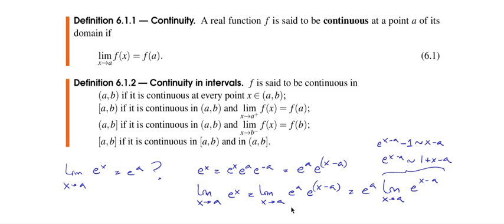So we can substitute here. We have e to the a times the limit of this expression when x goes to a, so this is 1 plus a minus a, and this cancels out. This is 1, so this is e to the a, which is what we wanted to prove. So that means that the exponential function is continuous.